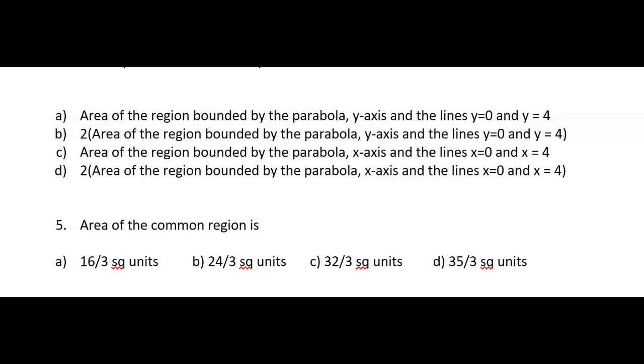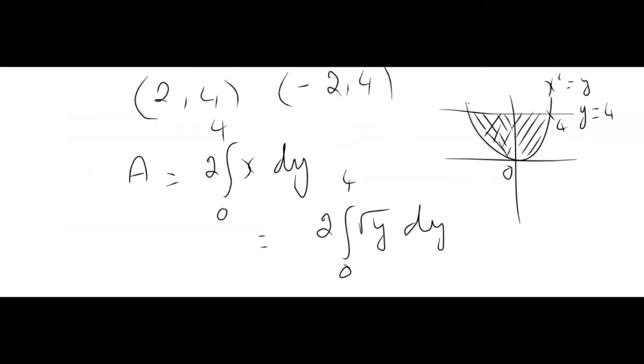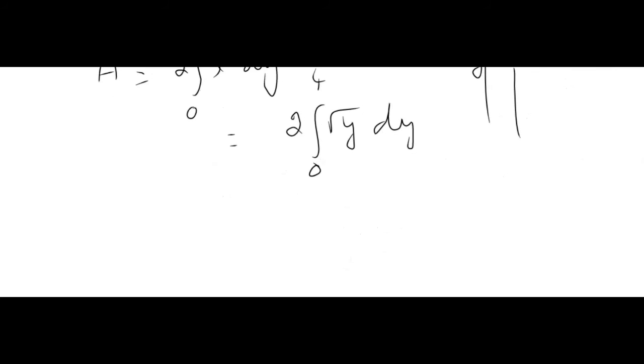Now, area of the common region is: A, 16 by 3; B, 24 by 3; C, 32 by 3; and D, 35 by 3. Let's see which option is correct. Having calculated the equation, we can now apply the limits and quickly integrate it.